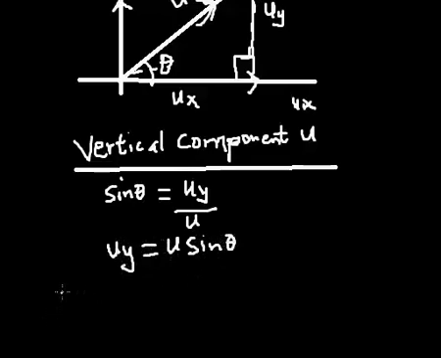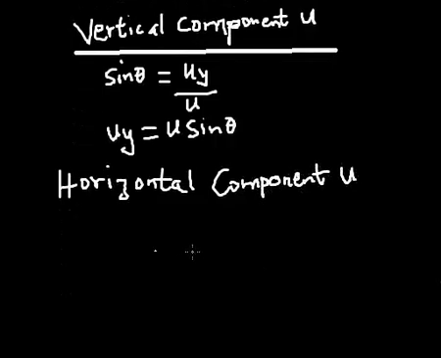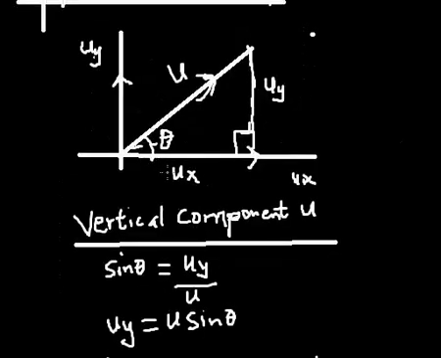Then for the horizontal, the horizontal component of the initial velocity u, this time around, I'm considering the adjacent, which is ux, and the hypotenuse.